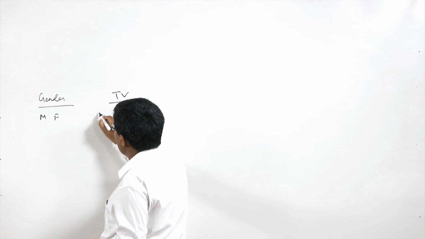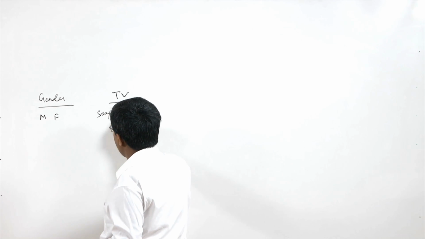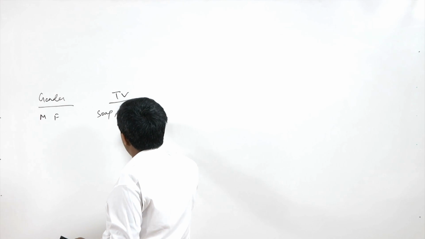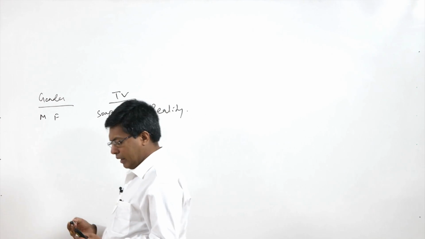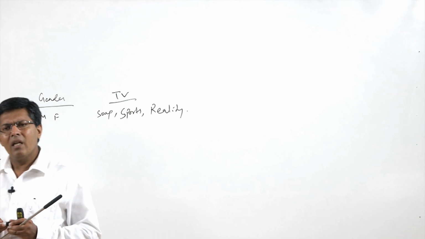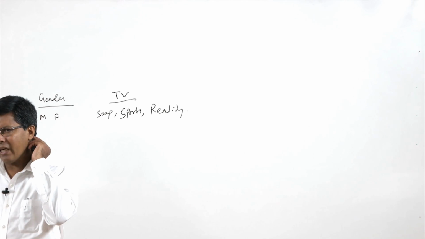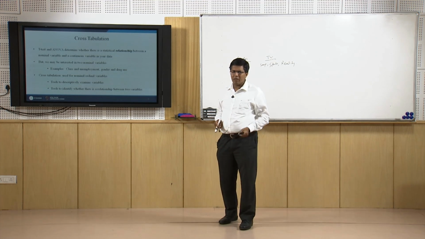TV programs could be soaps, dramas, sports, or reality shows. Now, is there a relationship? If a manager can know about this, it can be of great use to him or her in creating better policies and better plans for the market.